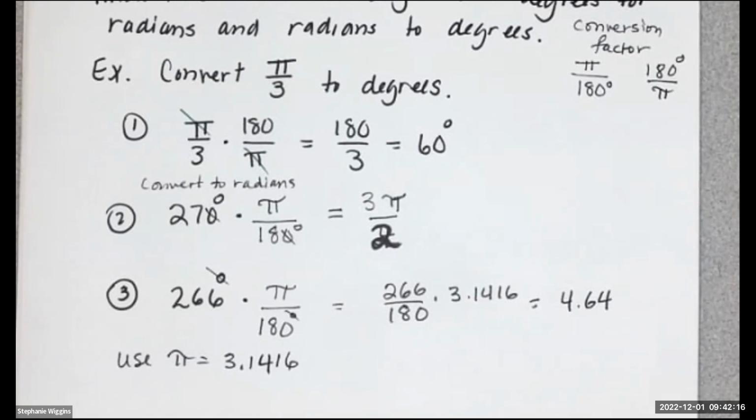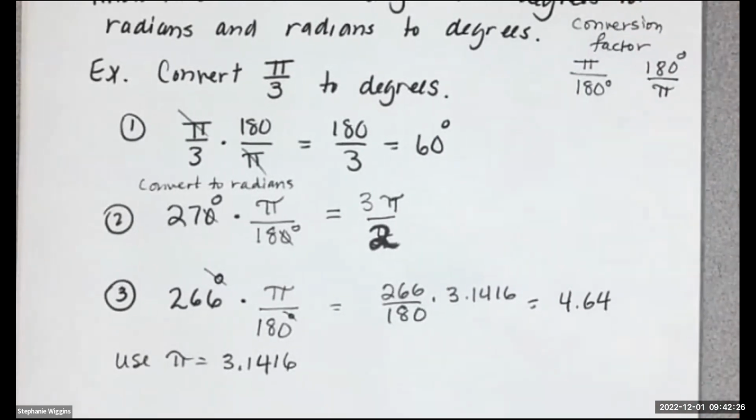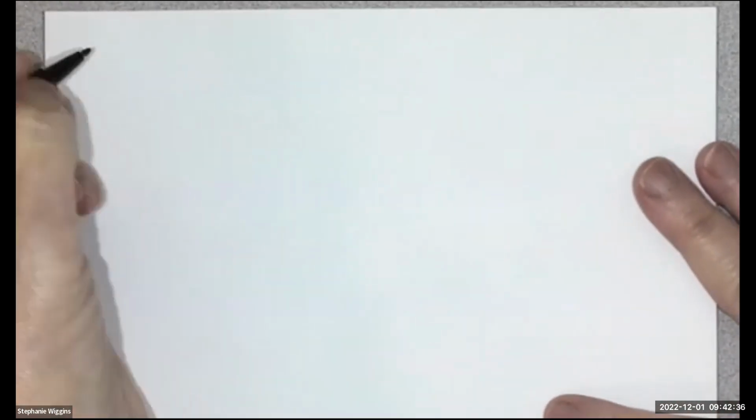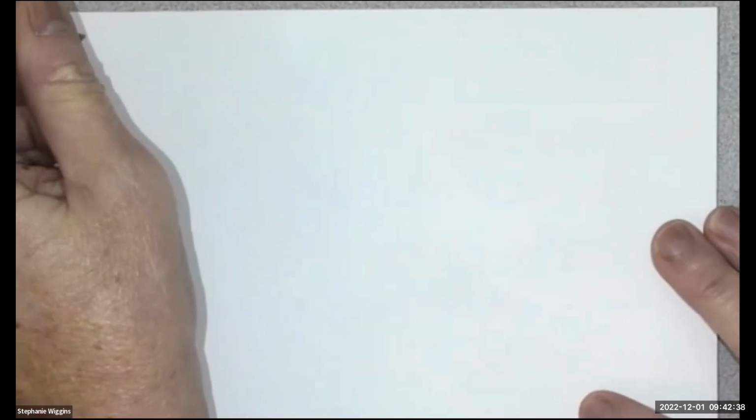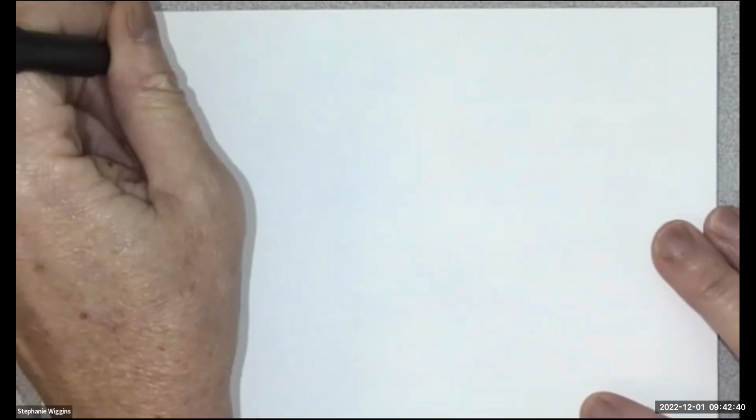Okay, another thing that you want to know how to do is work with angular speed and arc length. So you should know this formula because I'm not going to give it to you. This is just a simple formula. They're actually two formulas. They're related though, so they all come from the same formula. But know this formula.